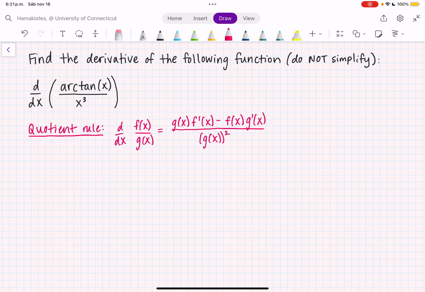So one catchy way I learned to remember this is low d high minus high d low all over low squared. So now let's apply the quotient rule and solve this derivative.